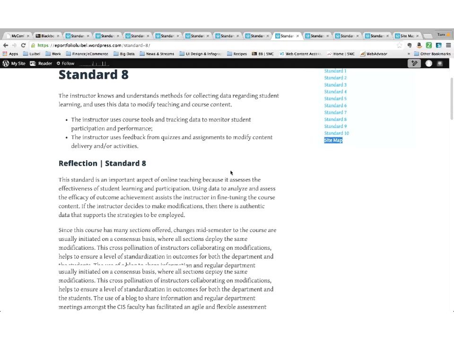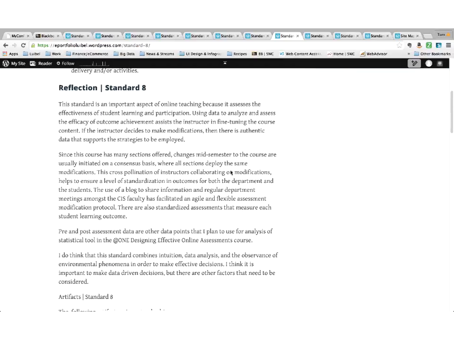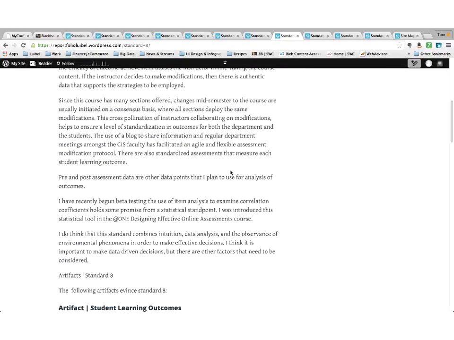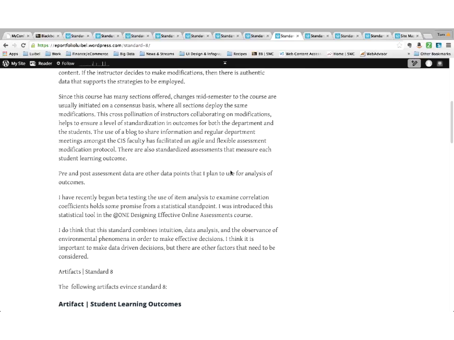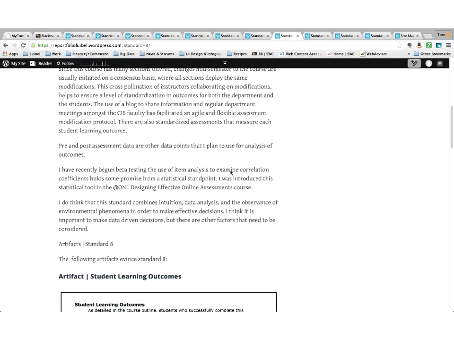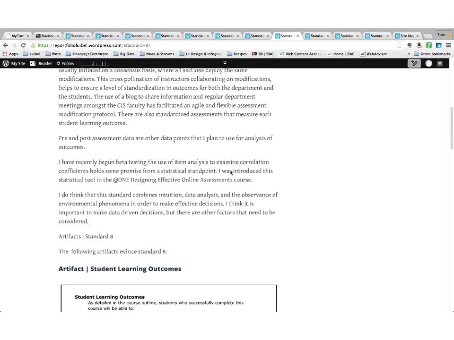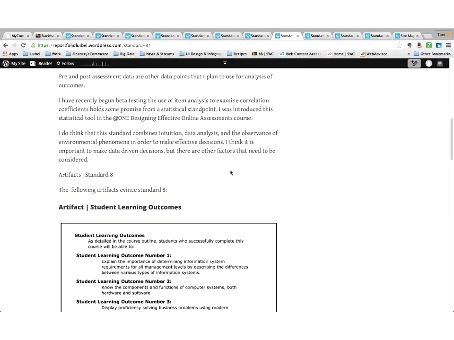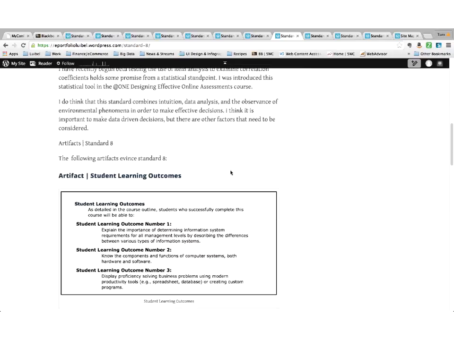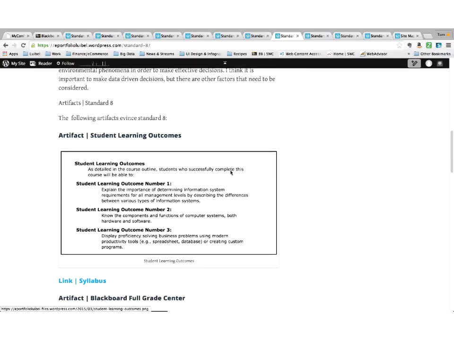Standard 8 is the collection of data, tracking data. I do want to point out one interesting thing that we have in my department. We have a kind of cross-pollination of instructors. We collaborate on how to modify the outcomes when a situation comes up, and we come to a collaborative consensus on whether we're going to make changes in real time.